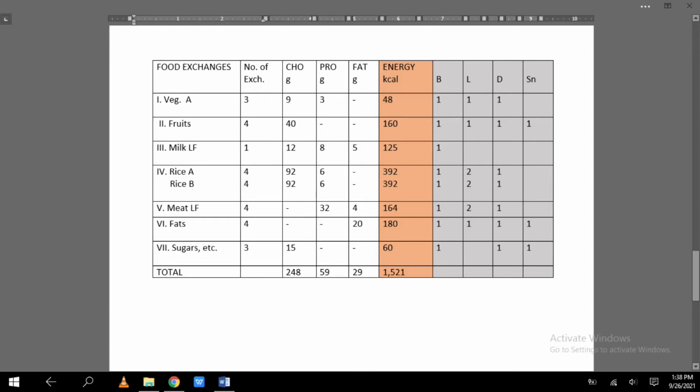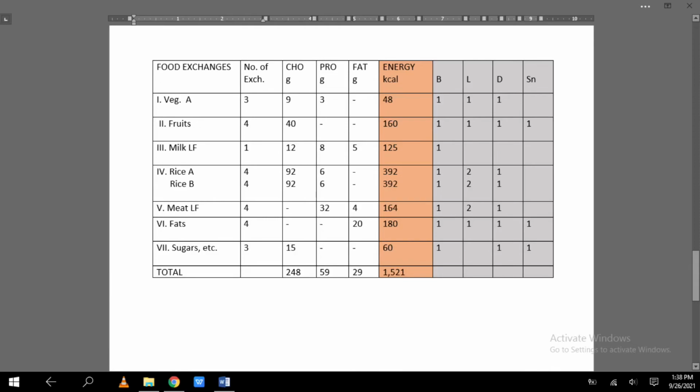So for the proteins, meat, low fat, 32 times 4 plus 4 times 9 is equal to 164. And for the fats, 20 times 9 is equal to 180. For the sugar, 15 times 4 in the carbohydrates is equal to 60.